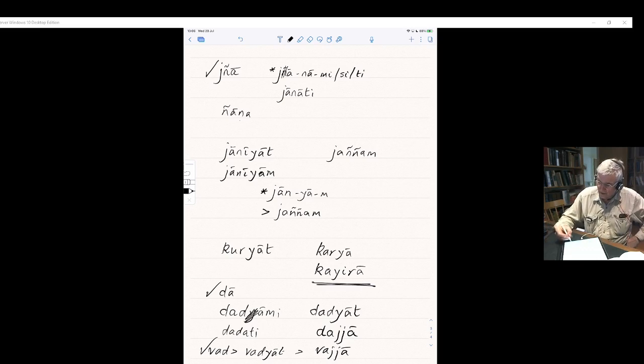And the third person plurals would end in um, so they might give is dajjuṃ. You also see things like dadeyyuṃ, you will also find those, but this will just explain to you why you might also see, just so you can understand, vajjuṃ, they might give, they might say.